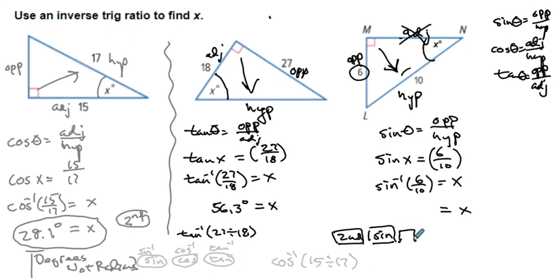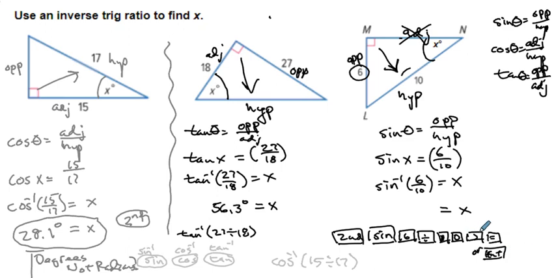Then you hit 6, then your division button, and then 1 and 0. Then you hit your close parenthesis button if you have that, and then you'll hit either equal or your enter button.